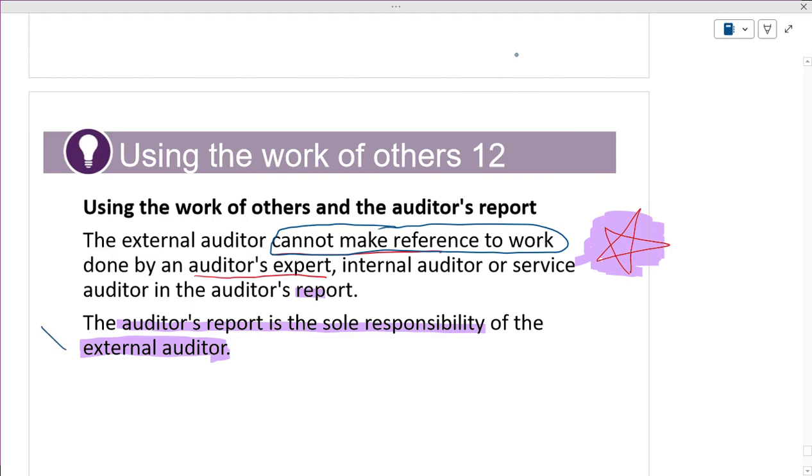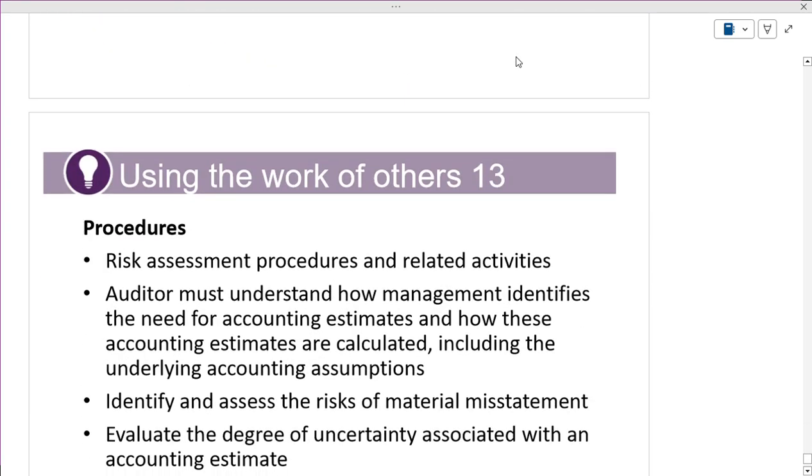Remember this point. We have covered this in chapter 7a. The auditor's sole responsibility.